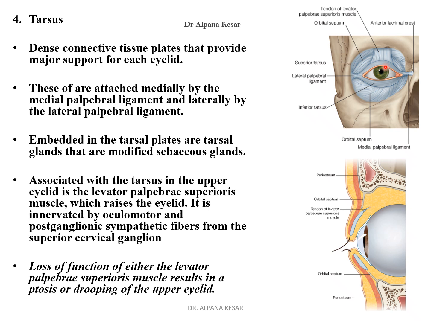Loss of function, either through the damage to oculomotor nerve or to the sympathetic fibers, will result in ptosis or drooping of the upper eyelid.